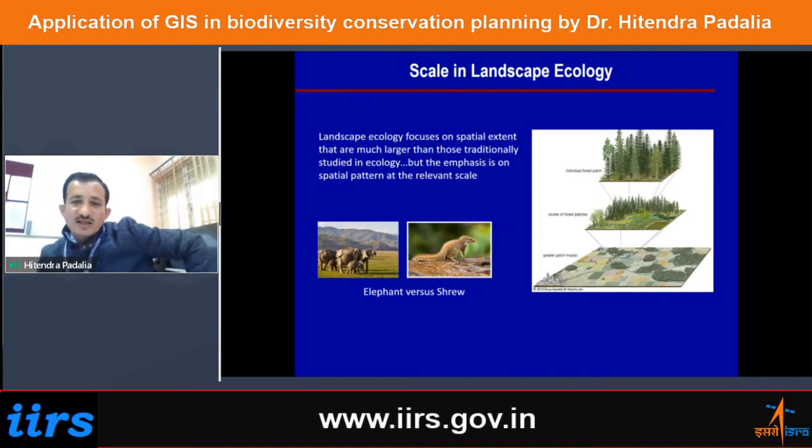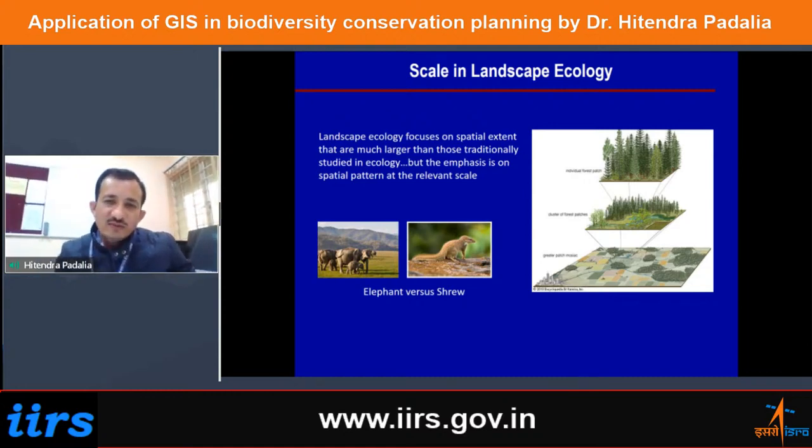The idea is basically we have so much diversity, so much richness in the species, that we cannot focus on one species. Rather, that will be very costly, to develop a program for all the species of concern.